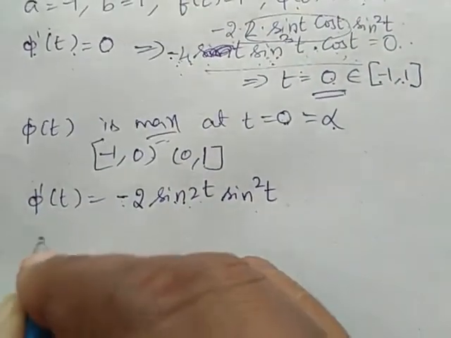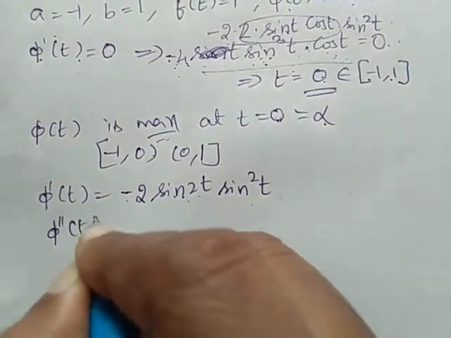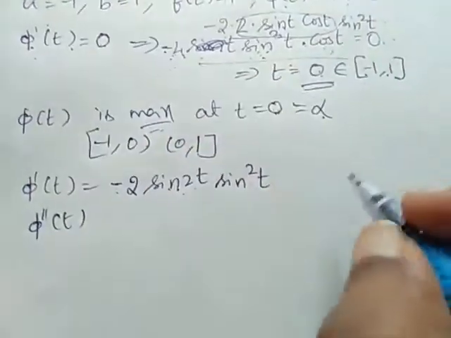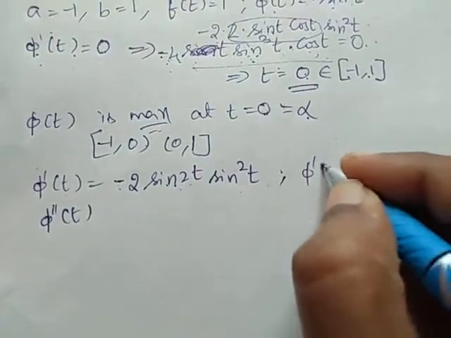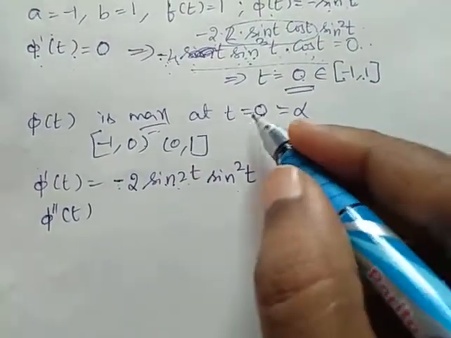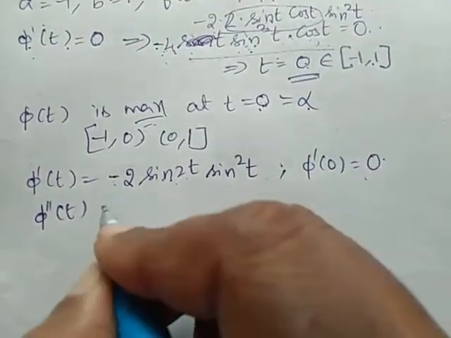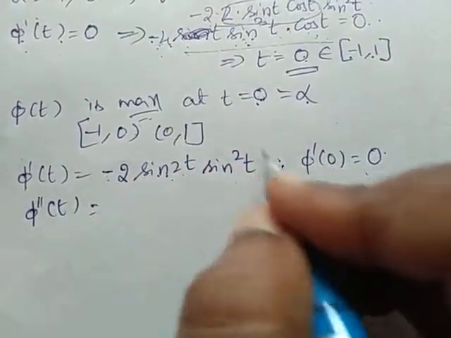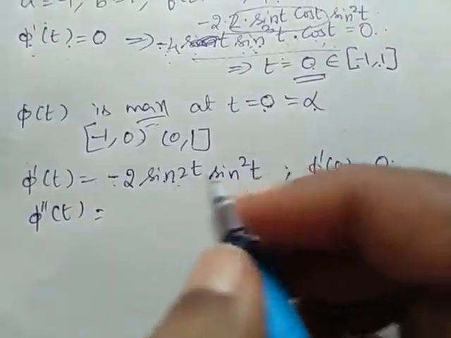So when I differentiate this again, see, already we have got phi dash of t as 0. Phi dash of 0 is equal to 0 because our alpha is 0. To differentiate this again, I am going to use the product rule.